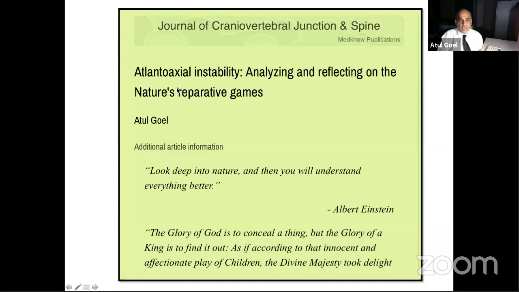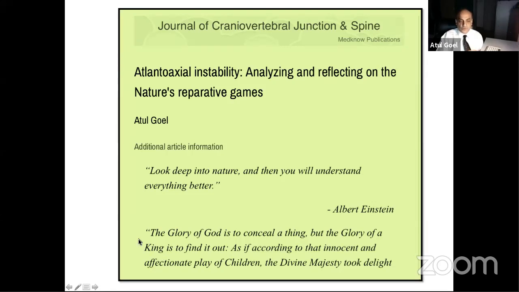When there is atlantoaxial instability, there are lots of divine things happening. Divine majesty. The glory of God is to conceal a thing, but the glory of the king is to find it out. So God is concealing the facts, and the glory is for us neurosurgeons. If we think we are kings, we cannot ever think we are gods, but we can certainly think we are kings.